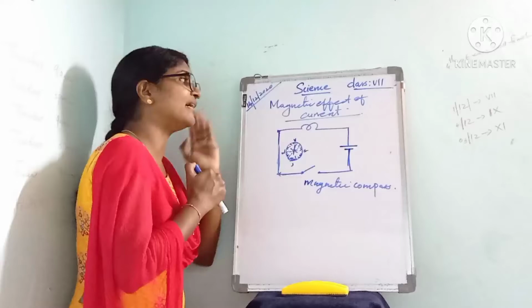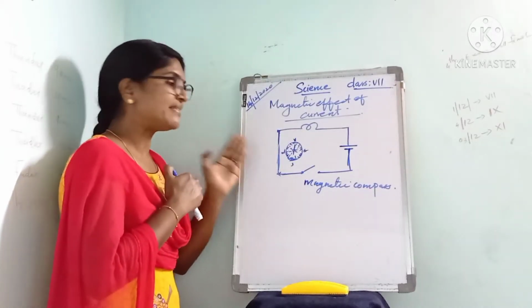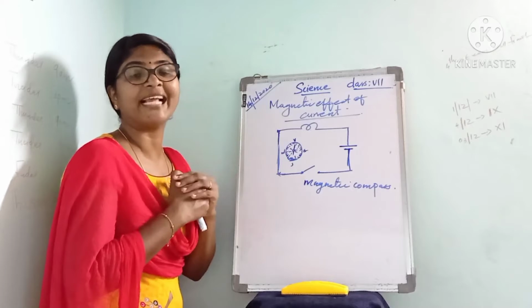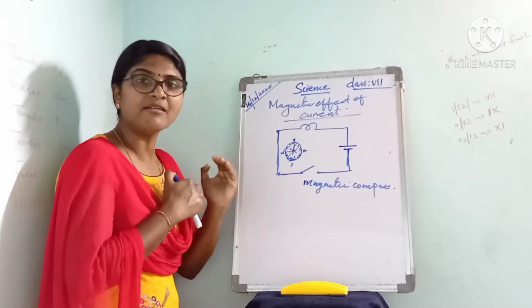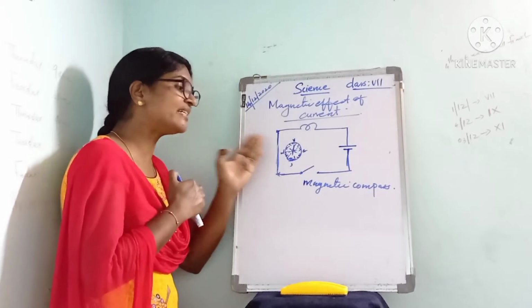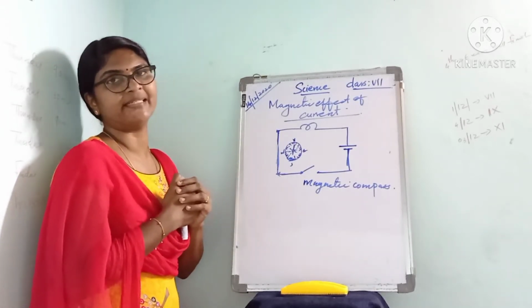This is called the magnetic effect of current, isn't it? The metallic wire behaves like a magnet when electricity passes through it.